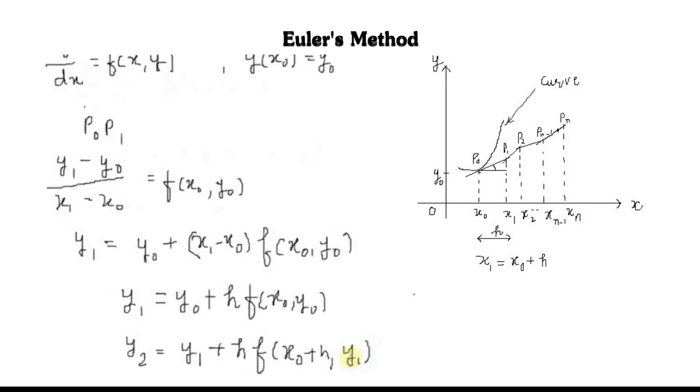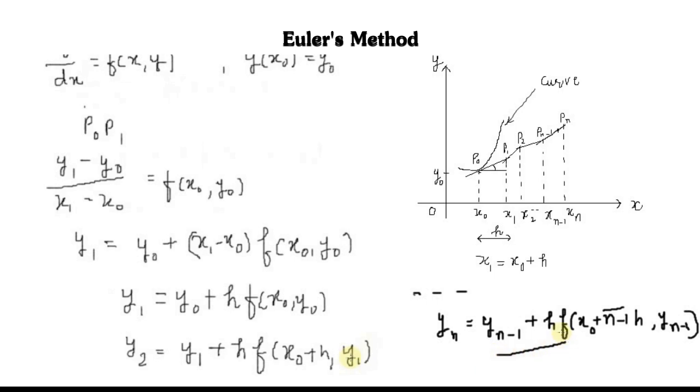And similarly up to the general formula, that is, yn equal to yn minus 1 plus h times the value of the function at x0 plus (n minus 1) times h, comma yn minus 1. So this is the formula which we use in the questions.